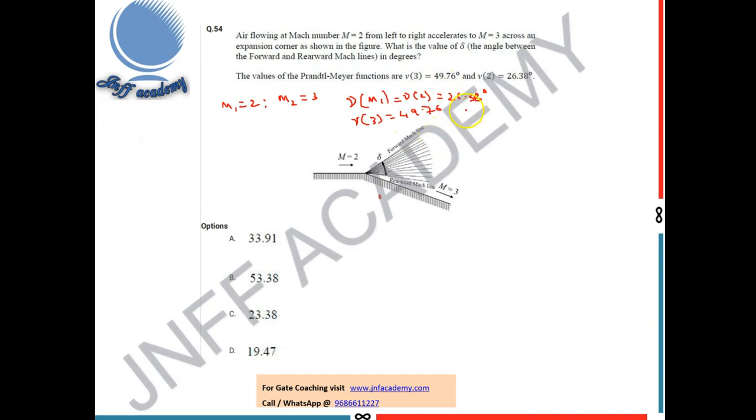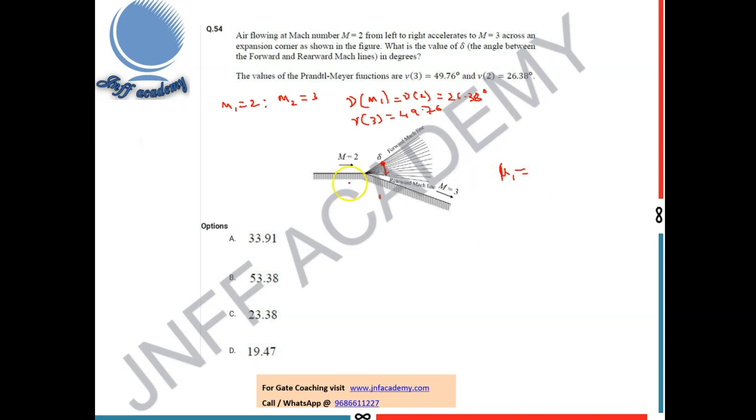Now it's very easy. What is asked in the question is this angle, the fan angle. They asked this angle to be delta. So now let's define a few more angles. You know what mu1 is?